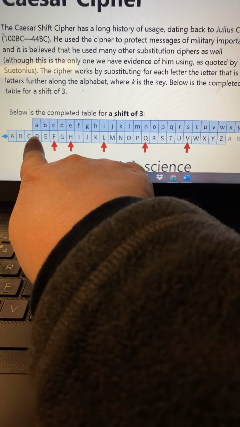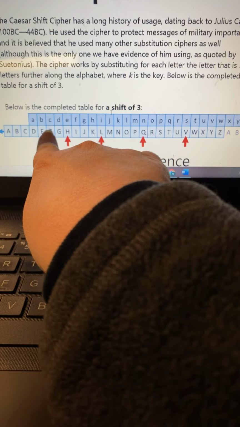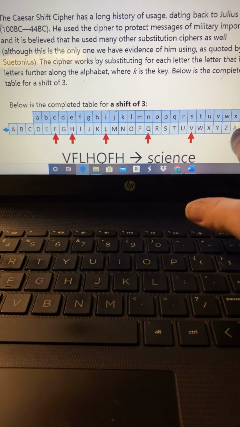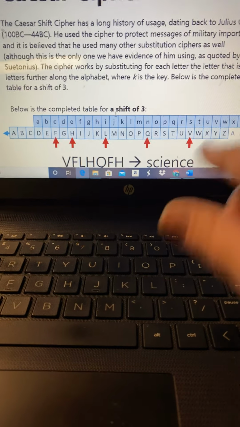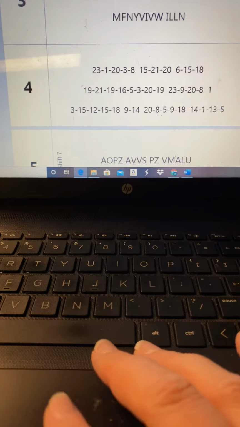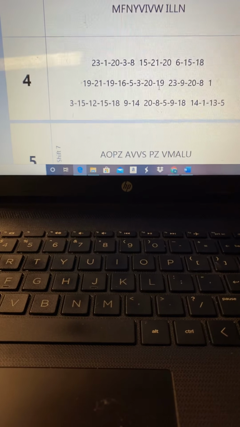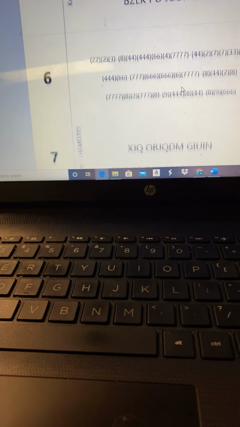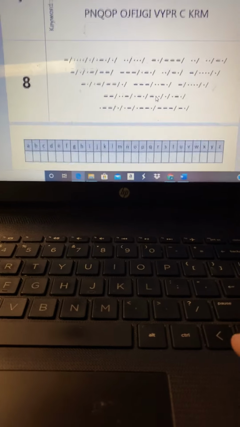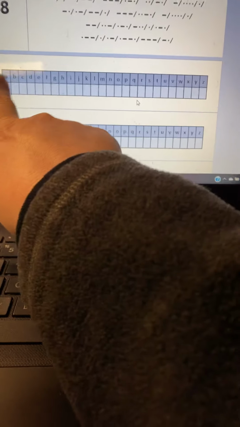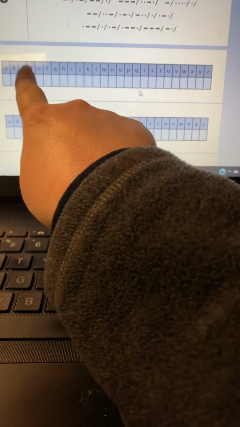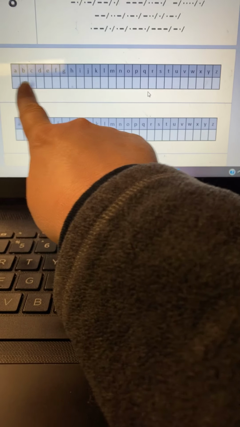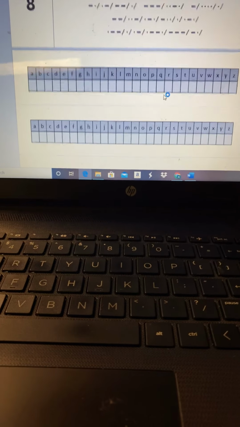So A is D, B is E, C is F, and then when you get down to Z, then it starts A, B, C again, okay? If you look at the clues, it tells you to shift 7. So what you're going to do is when you go down here to your alphabet, you're going to count 7. 1, 2, 3, 4, 5, 6, 7. G. So you're going to start with G here and write the alphabet and then start over again. Okay?